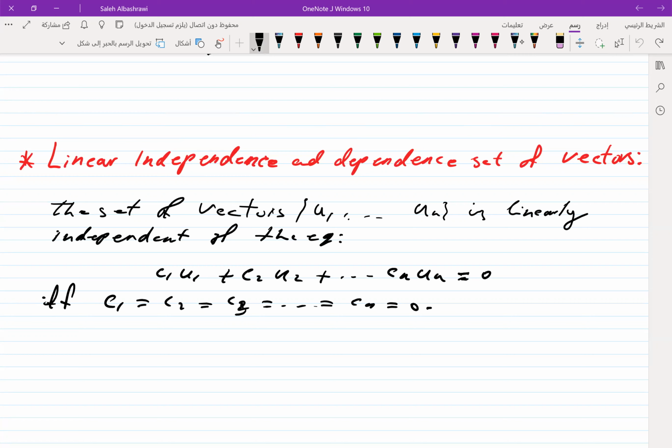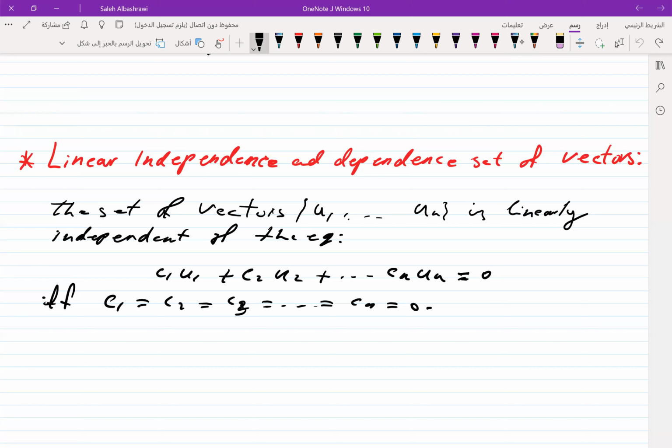So in this part, we are going to check the linear dependence or linear independence of some given vectors. How do we check that? It is checked by finding the rank of the matrix formed by the given vectors.